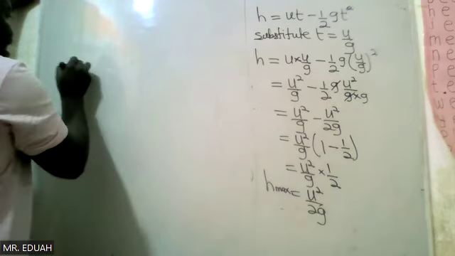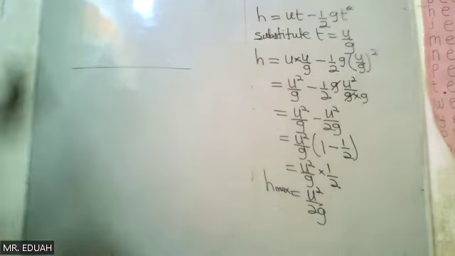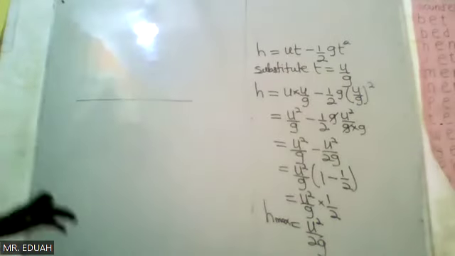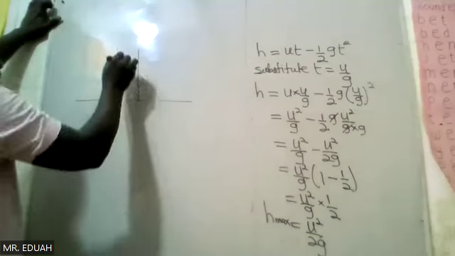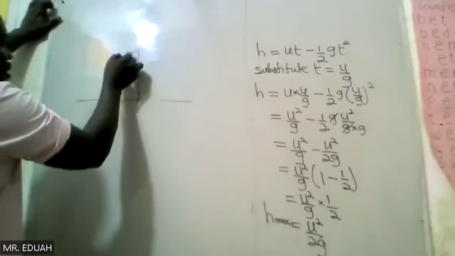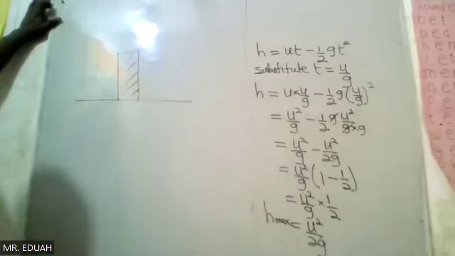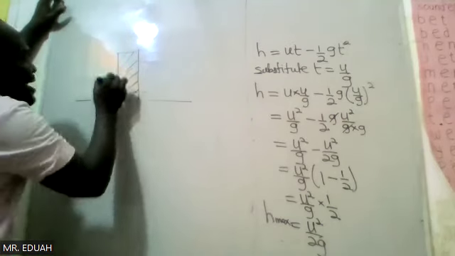The tower is on the ground, so the height of the tower is h.